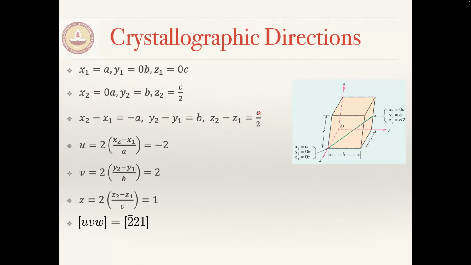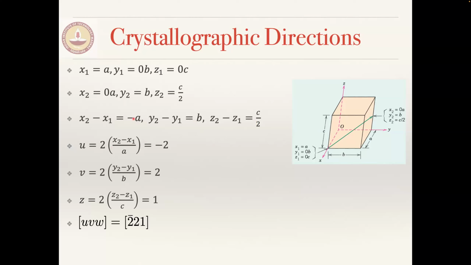Now what you need to do? So this you divide with A, B, and C, then you will get x2 minus x1 is minus 1, plus 1, and 1 by 2. That is what you have. Since you have minus 1 and plus 1 and 1 by 2, what is the common factor that you can multiply in order to convert that into a set of integers? The common factor to be multiplied with is 2.